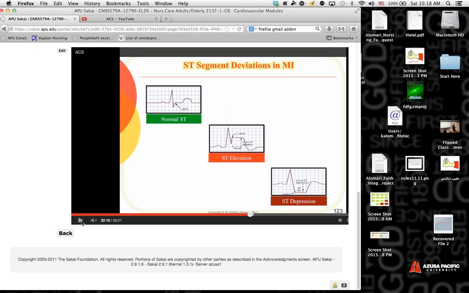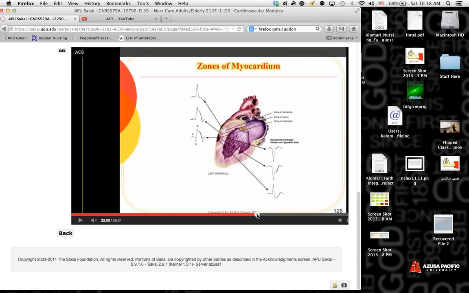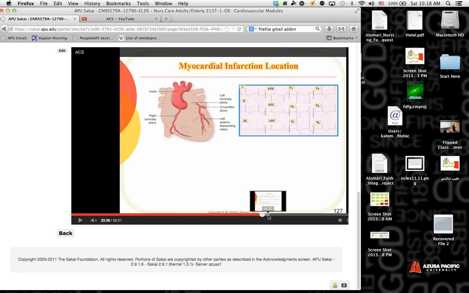T wave inversion versus ST elevation, ST elevation is more serious. So if you have four different rhythms and the question asks which patient you should see first, it will be the one with the more serious, which is the Q wave problem.